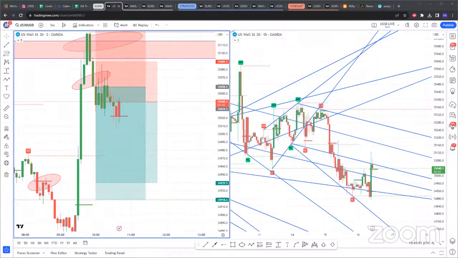This one is just moving sideways. Let me know if you guys have any questions. If not, we'll just call it a day.